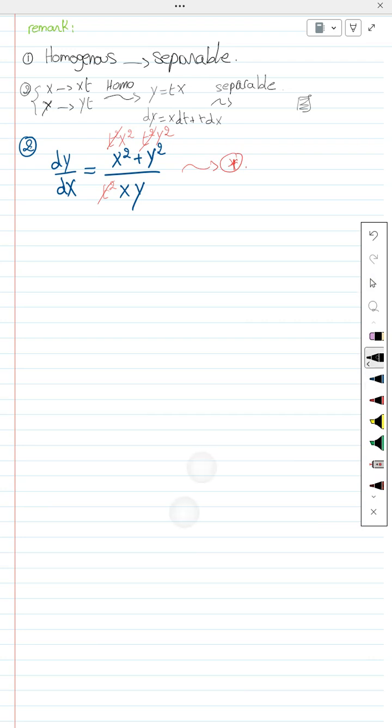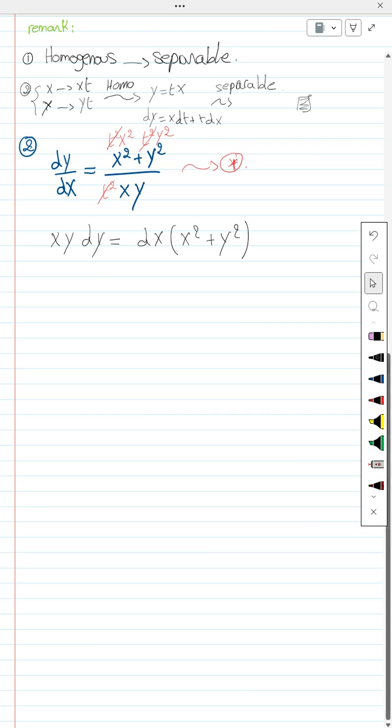So let's multiply first. We're going to get xy dy is going to be dx times x squared plus y squared. As I told you, by replacing y is going to be equal to tx, and dy is going to be t dx plus x dt.